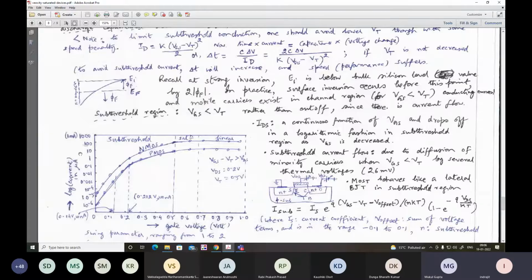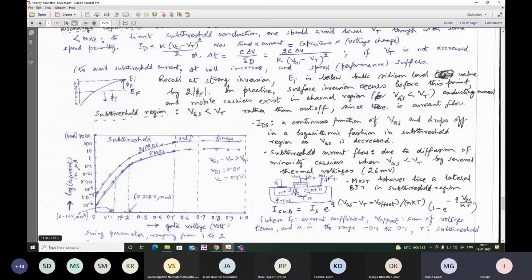Two typical experimental data points are considered here. For example, when VGS is equal to 0.212, the value of the drain current is say 100 nanoampere, that means 0.1 microampere.